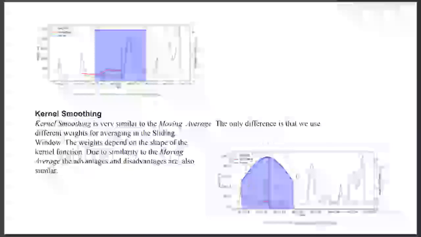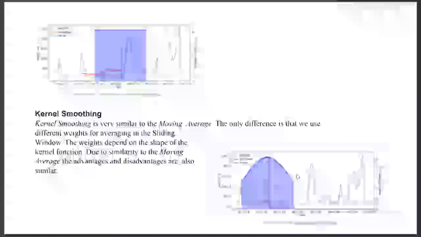Due to the similarity to moving average, the advantages and disadvantages are also similar. Your model follows this moving average, but on top of it, it works on the weights. So the pitfall or drawback of moving average is addressed here using this kernel smoothing function. At least they have some weights. So it is some kind of intelligence, some kind of mathematical formula that you have introduced.